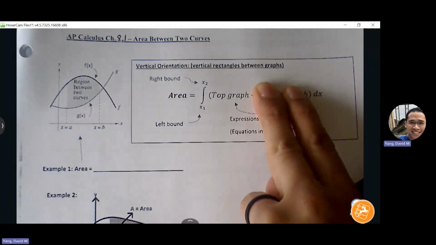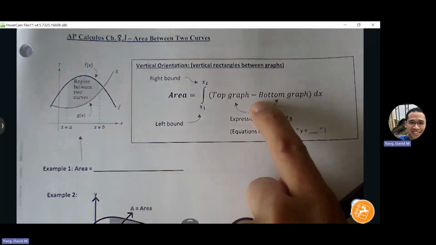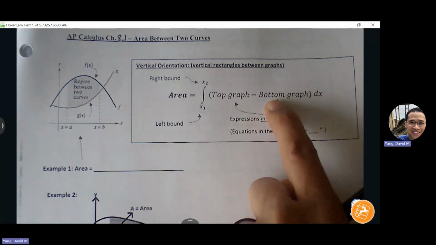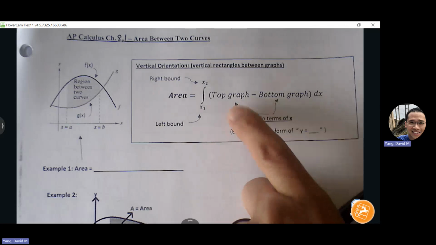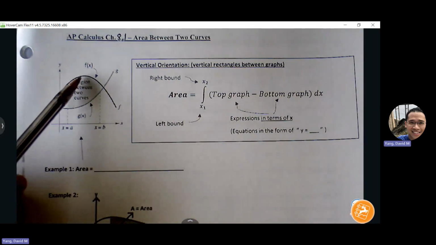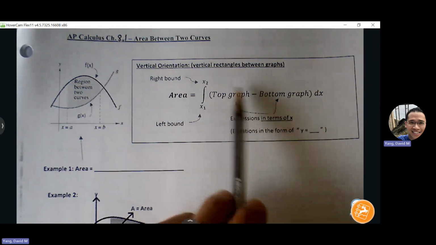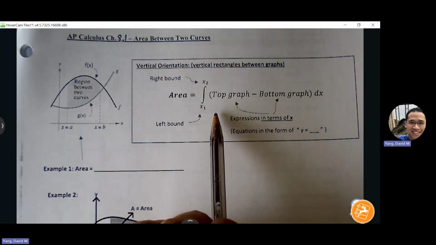We just did integral of top graph, because the bottom graph was always just the x-axis. Okay? It was really always just minus 0, and if the graph is below the x-axis, that's why we're getting a negative value. But if there is a graph visually above the other one, then if we do top graph minus bottom graph, then we're always going to get a positive number, guaranteed to be exactly the area.